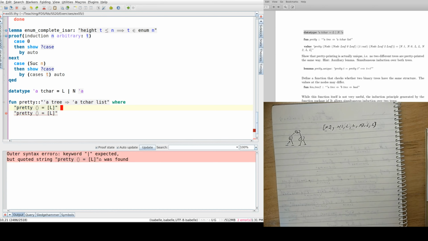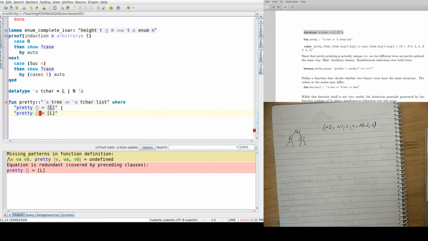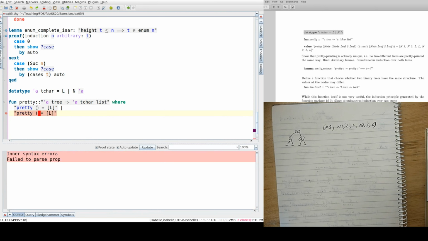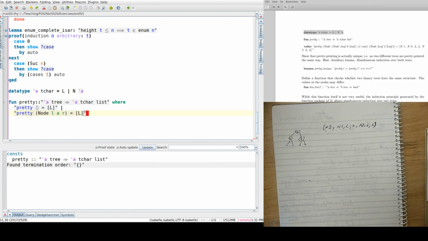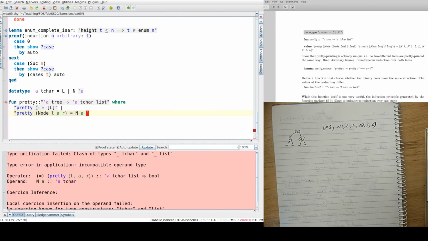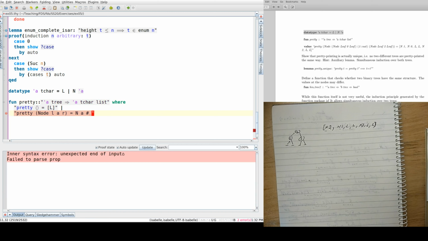And if it has data in it, so node L A R, then we will get A cons pretty L, and then appended to pretty R.